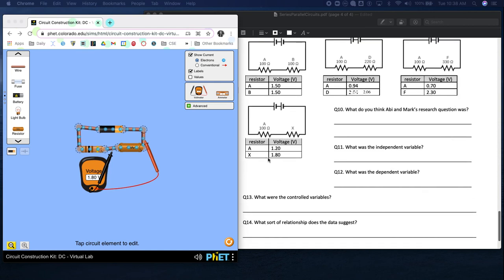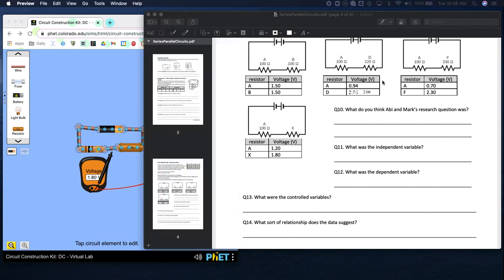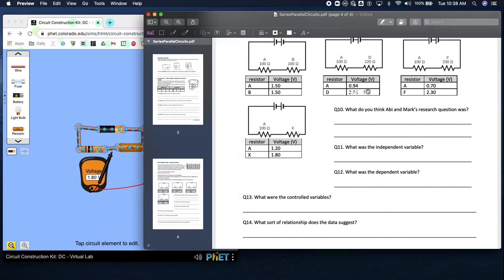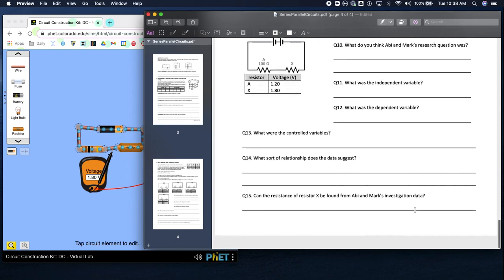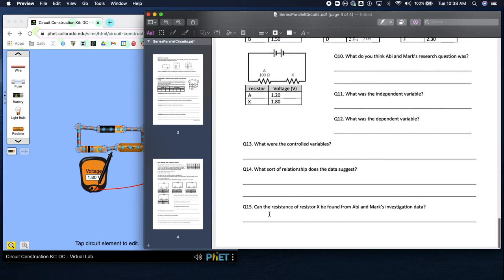So as the resistance increases, our voltage for that resistor increases, okay? Can the resistance of resistor X be found from their investigation data? Well, we already found it, so yes. And if this was on paper, you could 100% work out that just like we did. And that's it.